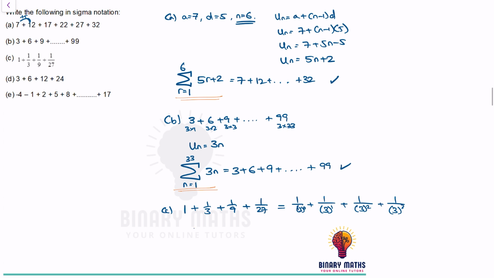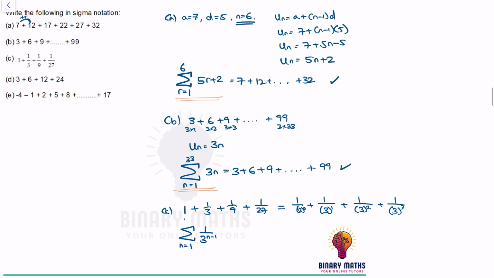So I can write it as a summation as sum of 1 over 3 to the power of, now if you look at this is the first term, but we've got 1 less power of 0, we raise it to 3 to the power of 1 less, so it's going to be n minus 1, because we want the first number to be 0, so that n going from 1 all the way up to 4.